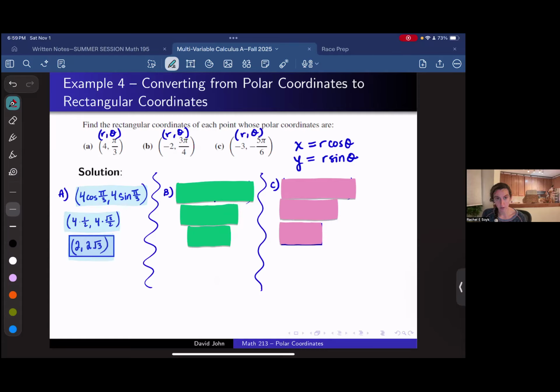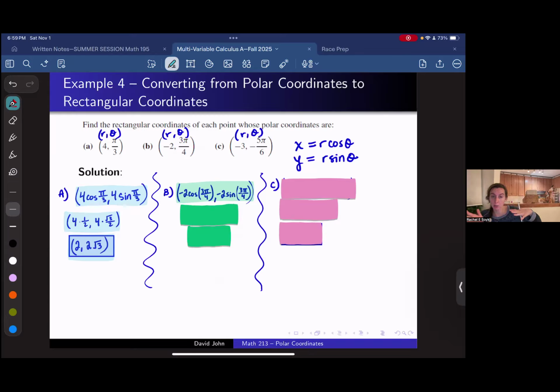Right? Part B, we have -2 cosine 3 pi over 4, comma, -2 sine 3 pi over 4. And so the reference angle of 3 pi over 4 is pi over 4, but it's in that second quadrant.